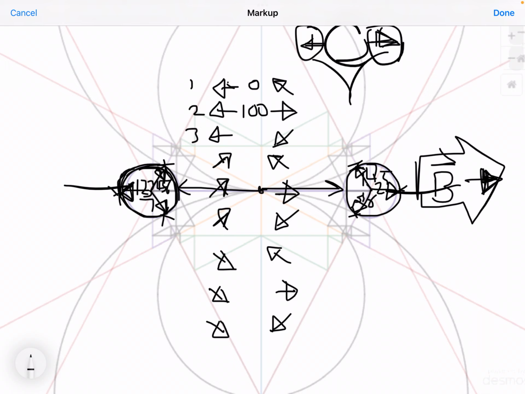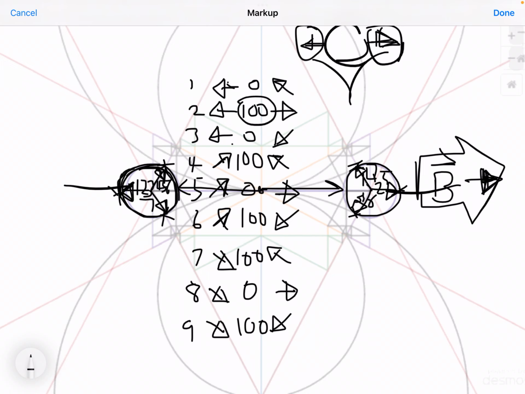Third scenario, they're falling the same way, no probability at all. 4 opposite ways, they're going to fall 100% probability. 5 falling the same way, that's not going to happen. 6 falling opposite ways, that'll happen 100%. 7 falling opposite ways, that's 100% probability. 8 falling the same way, 0 probability. 9 falling opposite ways, that's 100% probability.